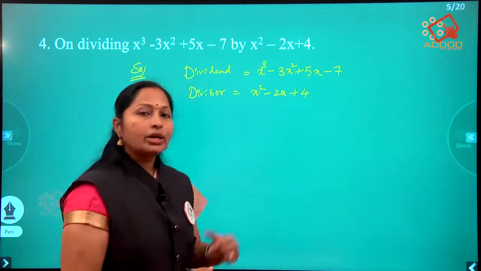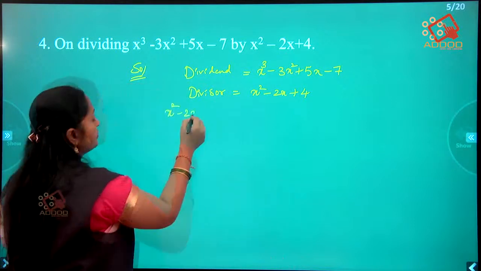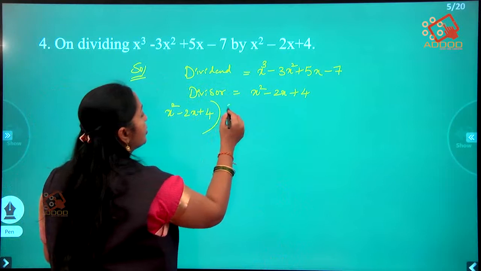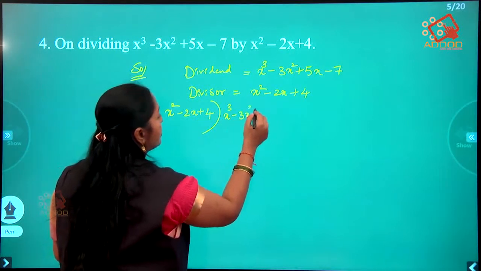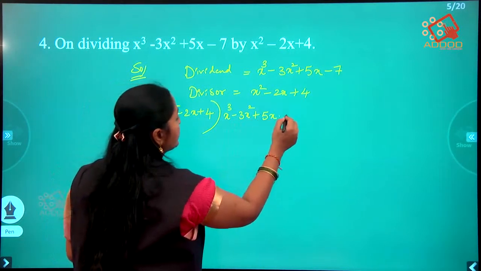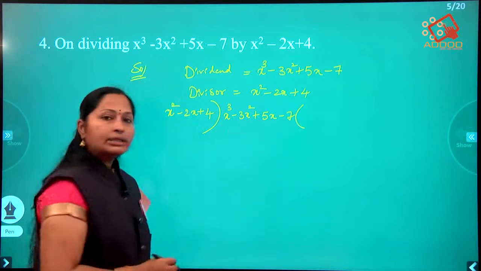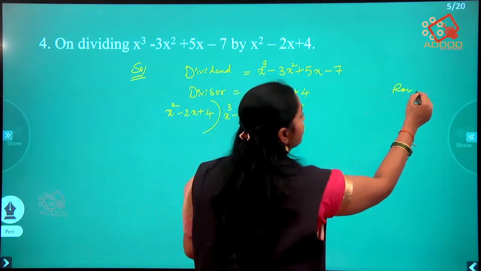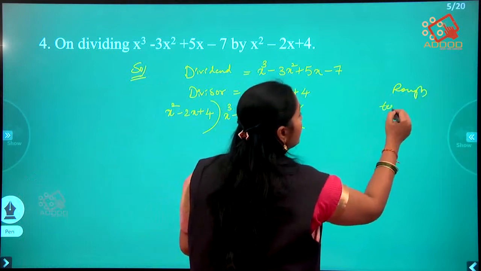If the polynomials are not in standard form, we need to convert them into standard form. Okay students, now we are going to divide. The divisor goes outside and the dividend x cube minus 3x square plus 5x minus 7 goes inside. So we want the terms in the quotient, so I am going to take a rough column here for the terms in the quotient.